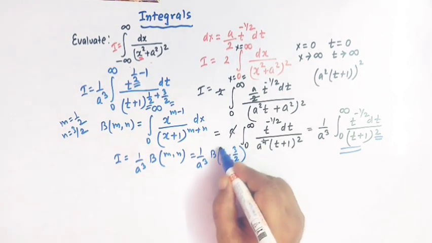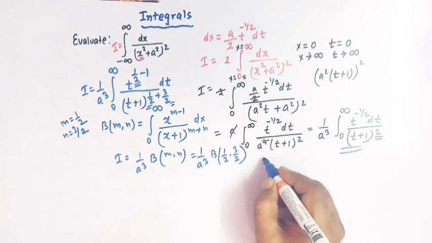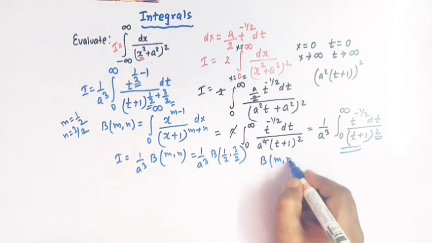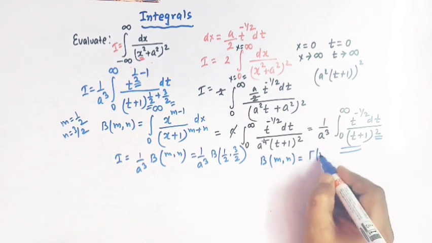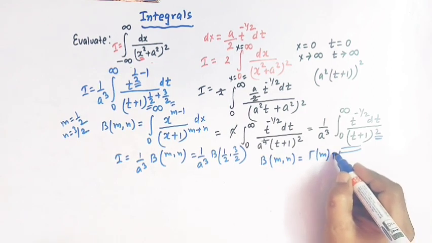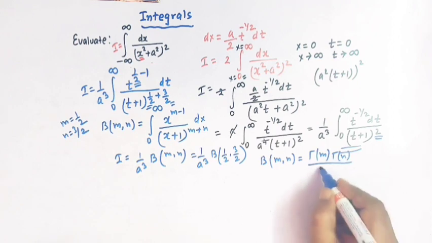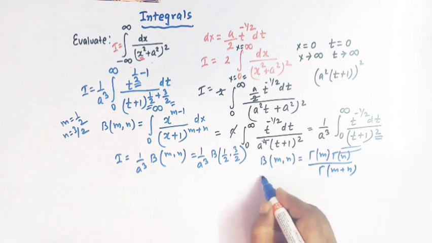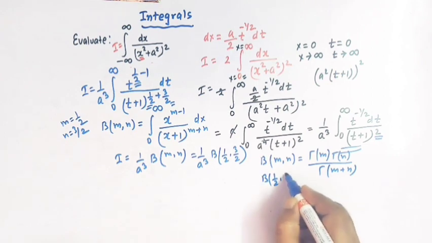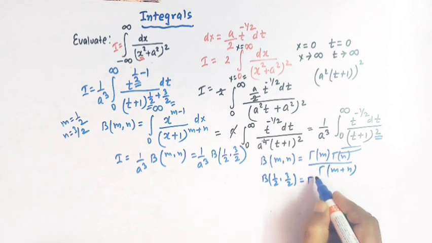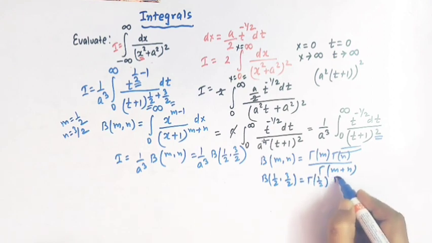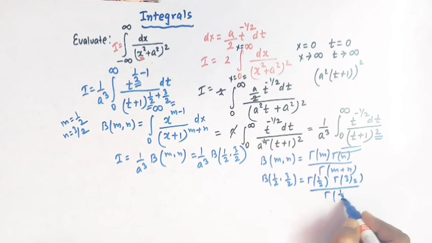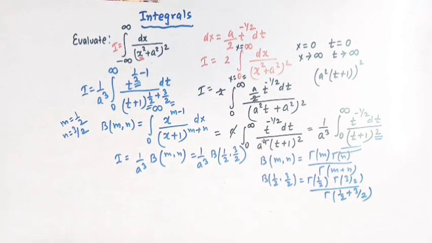For calculating this expression, we have another important relation, that beta of m comma n is given by gamma of m times gamma of n divided by gamma of m plus n. So beta of half comma 3 by 2 is given by gamma of half times gamma of 3 by 2 divided by gamma of half plus 3 by 2.